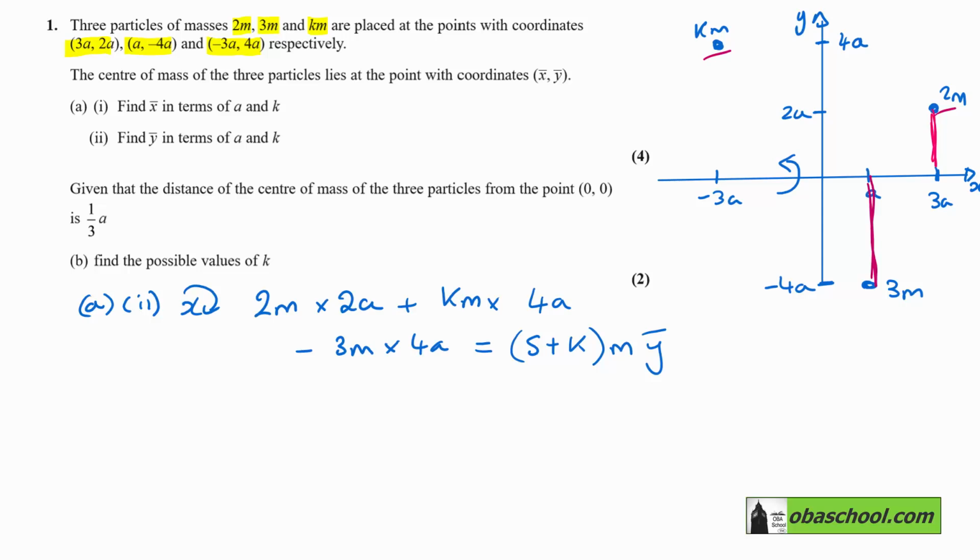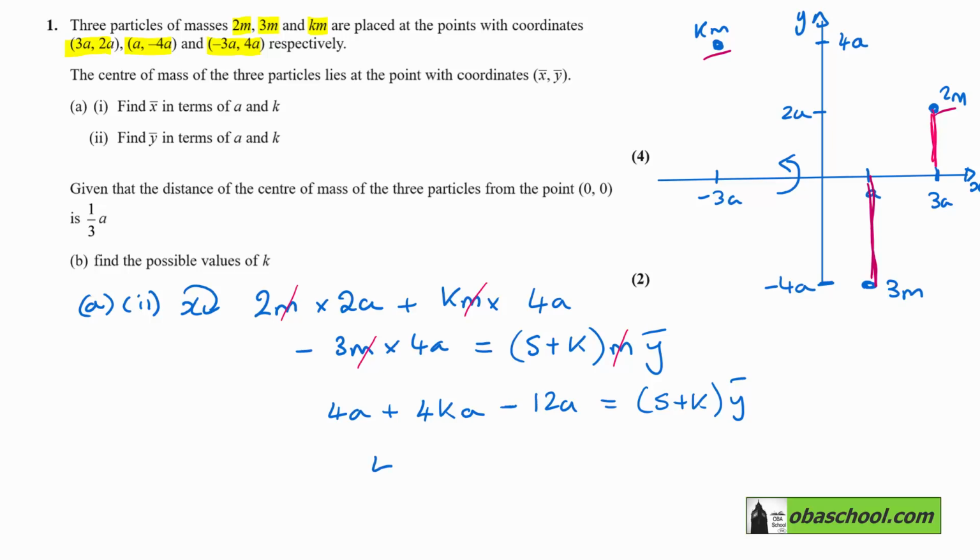Once again, we can cancel out all these m's right the way through. And so we get 4a plus 4ka, take away 12a, is equal to 5 plus k times y bar.